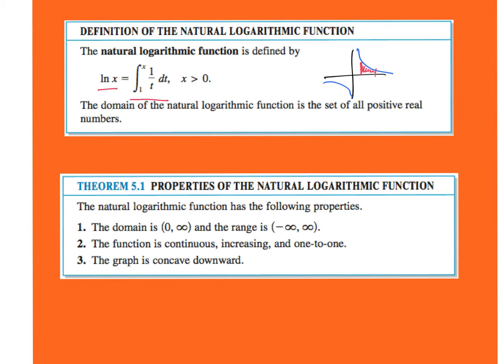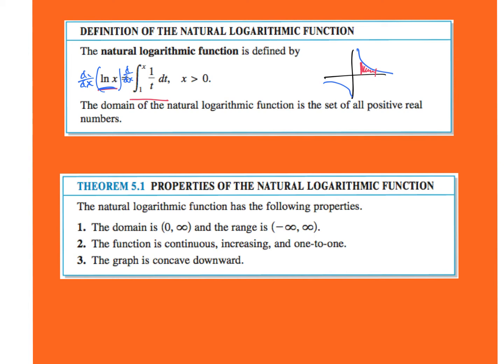Now, I want to go a little further. I want to figure out what my derivative of natural log x is. So I want to d/dx both sides. All right, so if I take a derivative of natural log x, I got to figure out what that is. So I'm going to take a derivative of this integral. What fundamental theorem can I use to take a derivative of an integral? The second fundamental. So how would I do that?